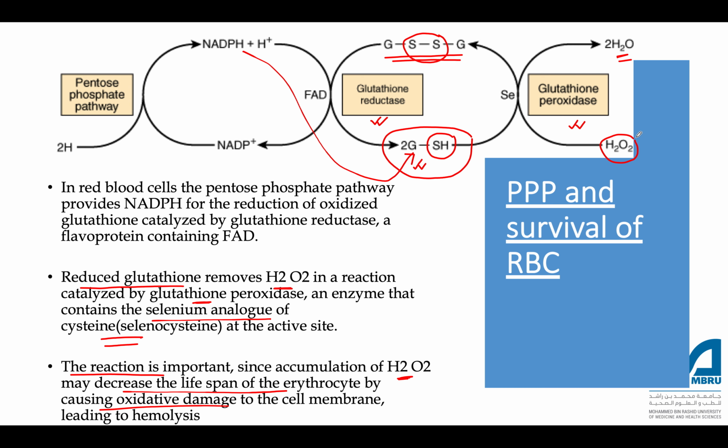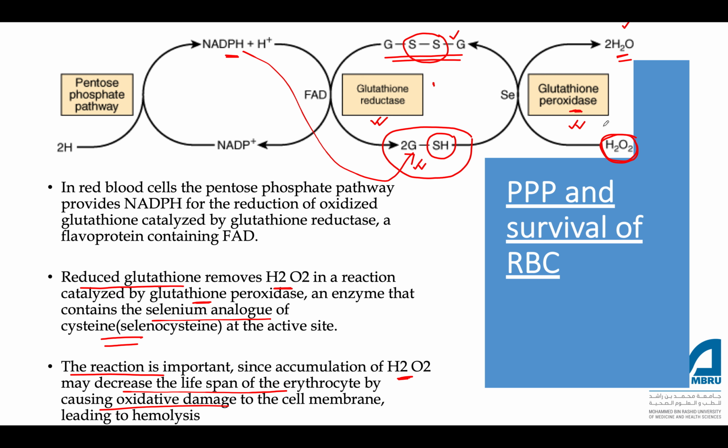The superoxide radicals in the form of H2O2 then react with reduced glutathione in the presence of glutathione peroxidase to produce water and oxidized glutathione, which is again reduced by NADPH in the presence of glutathione reductase, and the cycle continues to maintain the homeostasis inside the red blood cell.